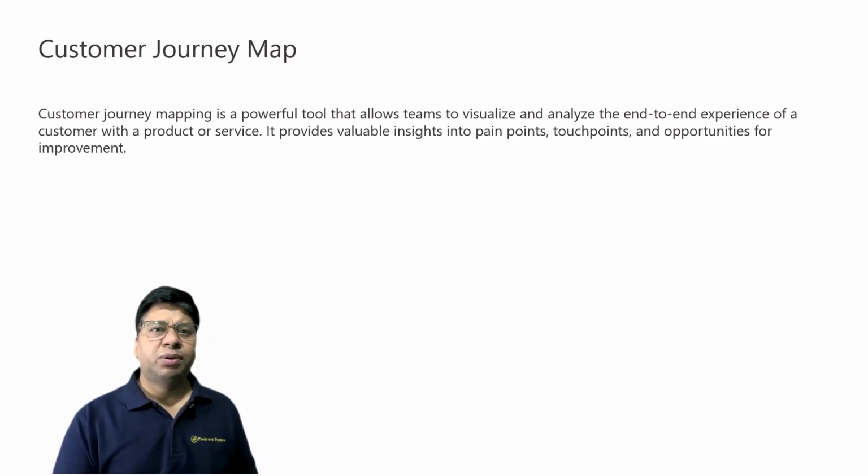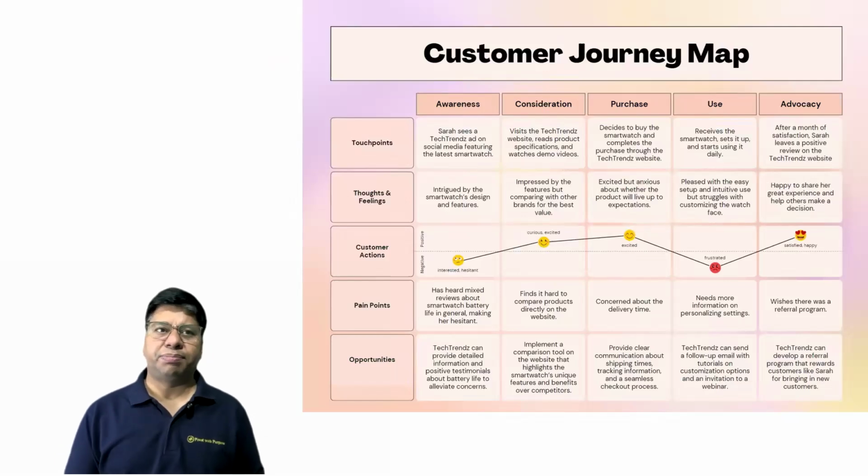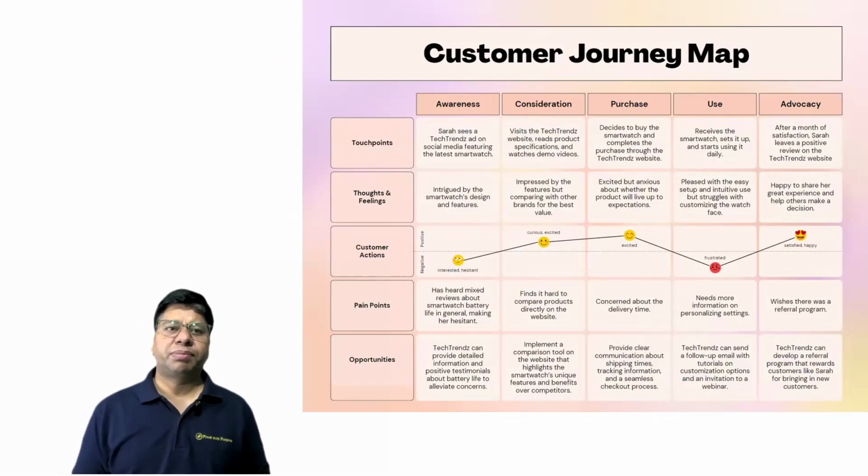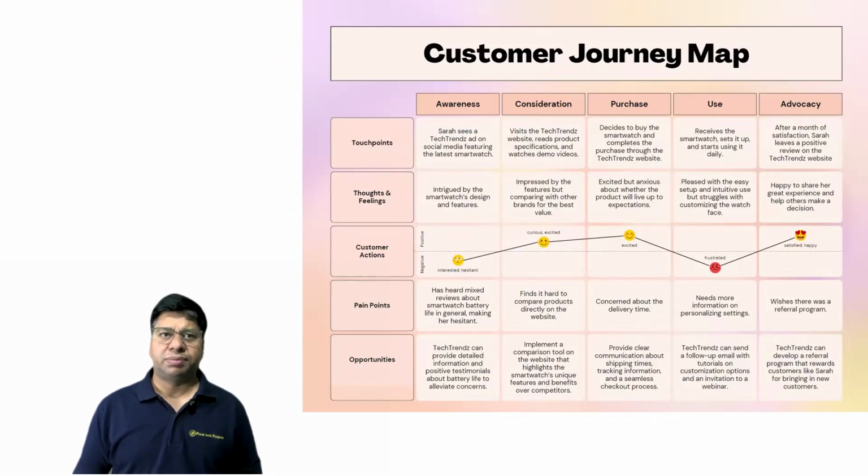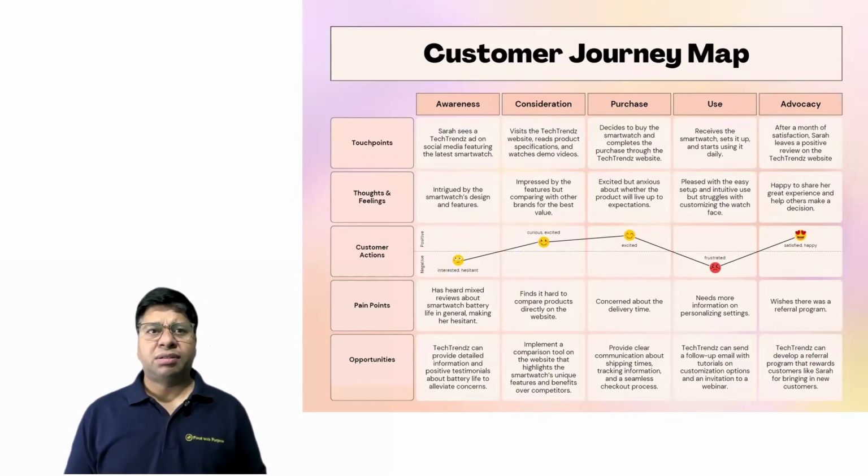Let's see one customer journey map as an example. Now, this is a customer journey map for a user, Sarah, right? She sees an ad on Tech Trends on social media about the latest smartphone.